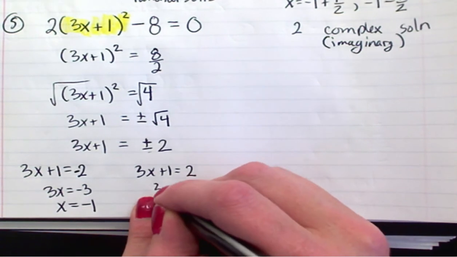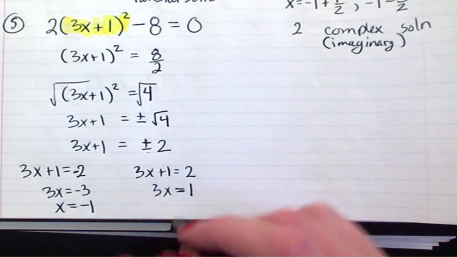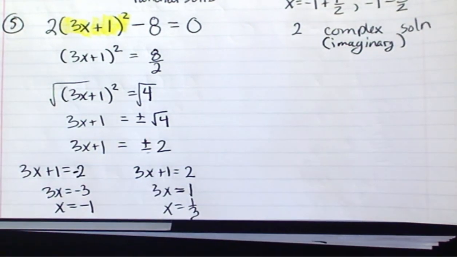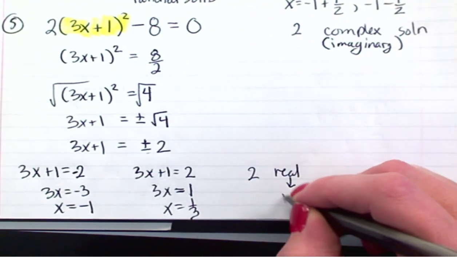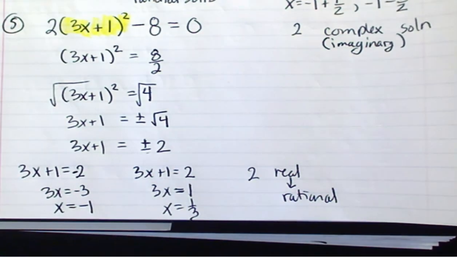And here when I minus 1, I get 1. And so in this particular case, I have 2 real, rational solutions. Negative 1 and positive 1/3.